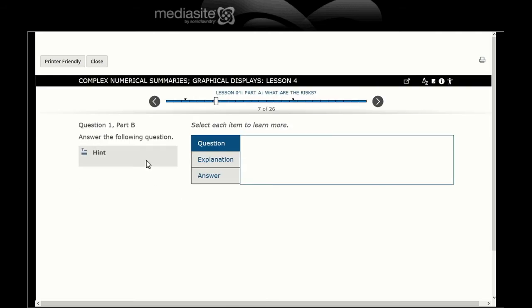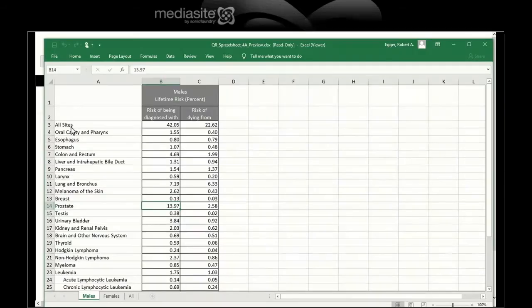Next question. The risk a U.S. male has of dying from cancer is, okay, U.S. male dying from cancer. What cancer? All cancers. So we'll look at all sites again, risk of dying from it.